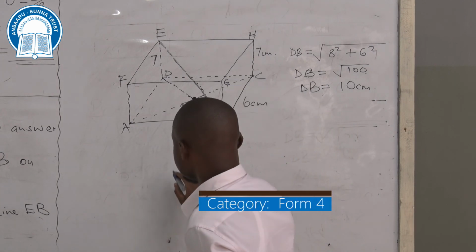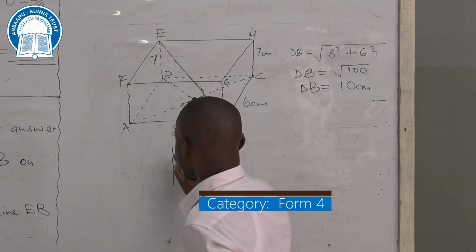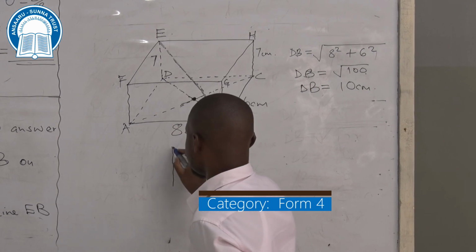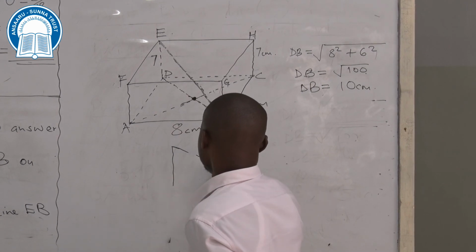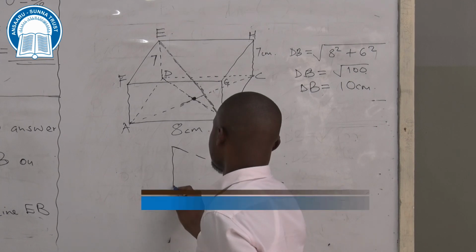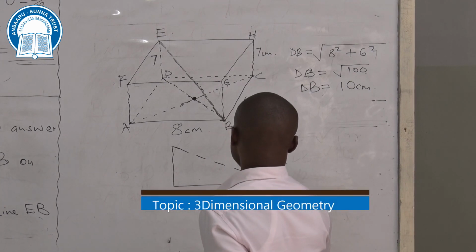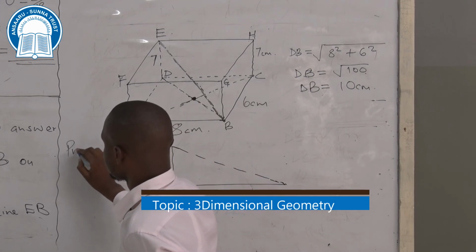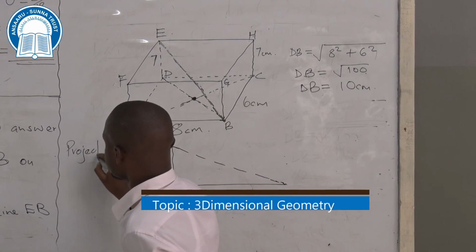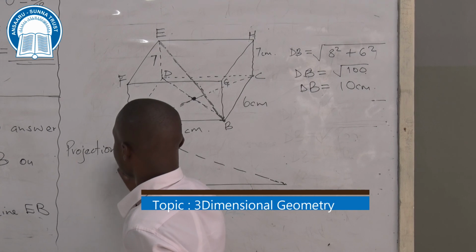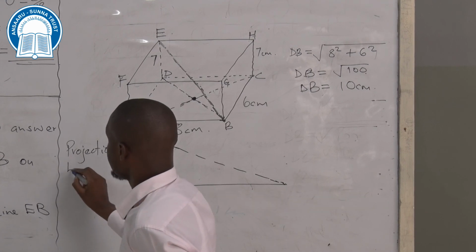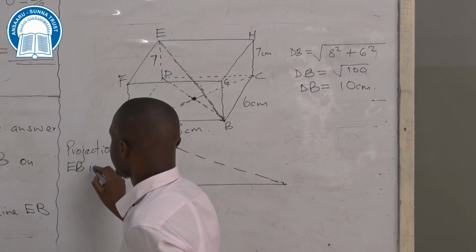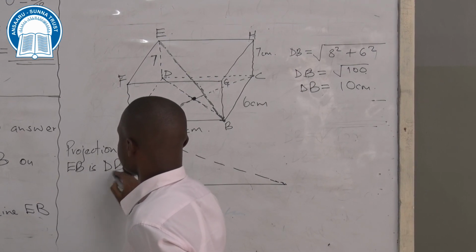So if DB is 10 centimeters and we have the 7, then it means we can extract. And this is the triangle we are actually extracting. So we are saying the projection of EB is DB.